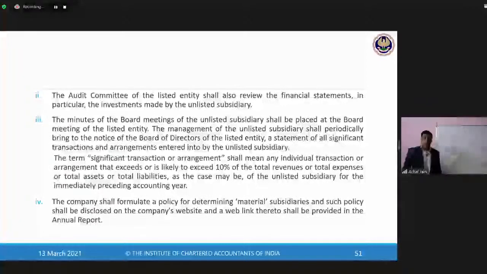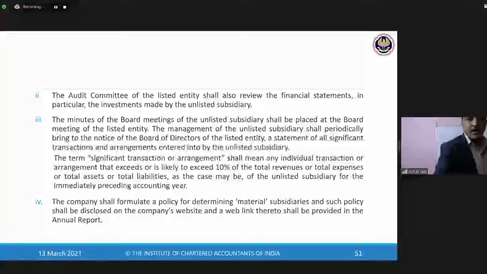The minutes of the board meetings of the unlisted subsidiary shall be placed at the board meeting of the listed entity, and this will also be reviewed at the parent level in a way. So basically we are saying that the information of the subsidiary will be reviewed at the parent level. Moving further on to some of the criteria.